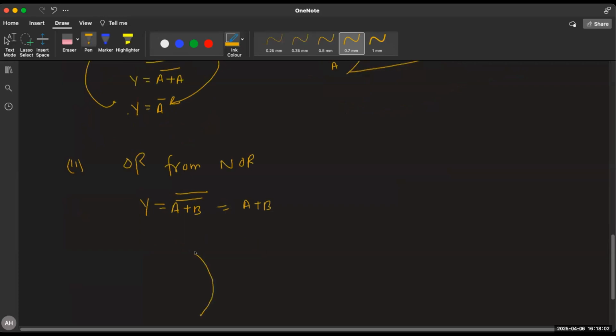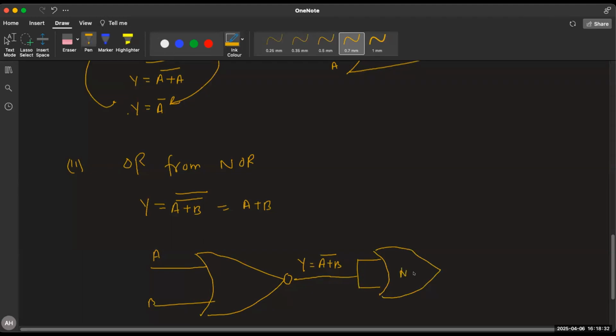So if you take a NOR gate, this is NOR, right? This is A, this is B. So this is NOR gate, this is Y, which is A or B bar. If I pass it through a NOT gate, but that NOT should also be obtained from the NOR gate.